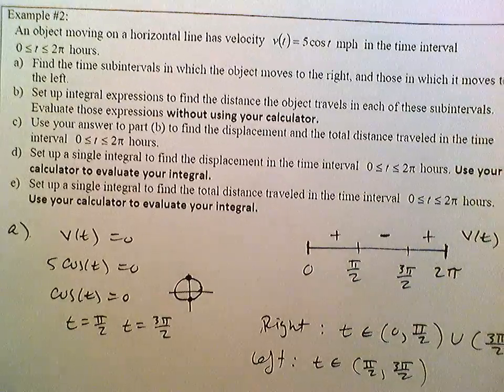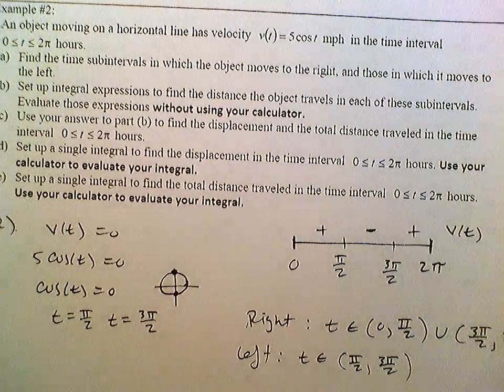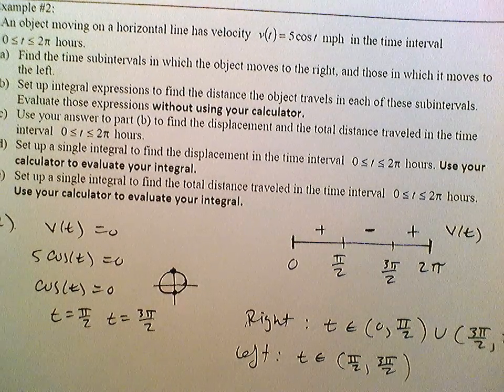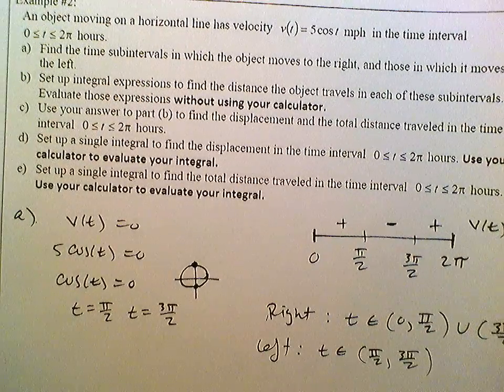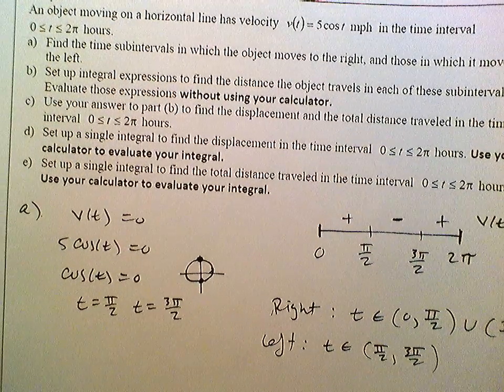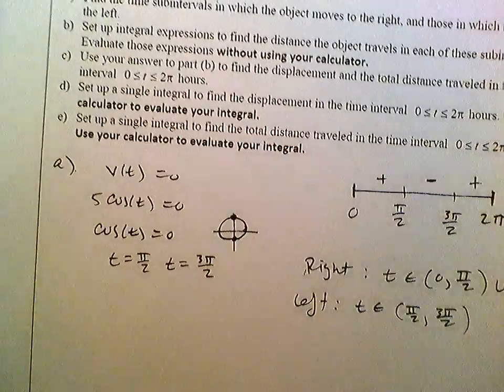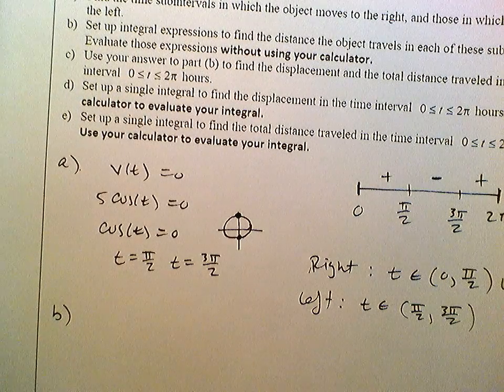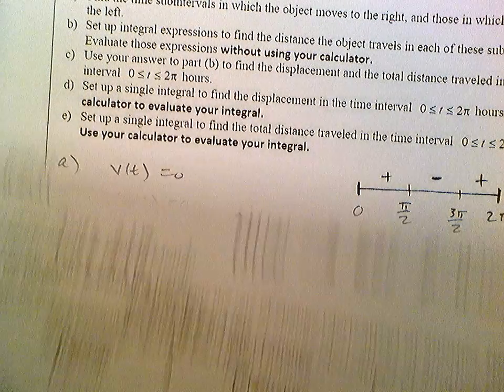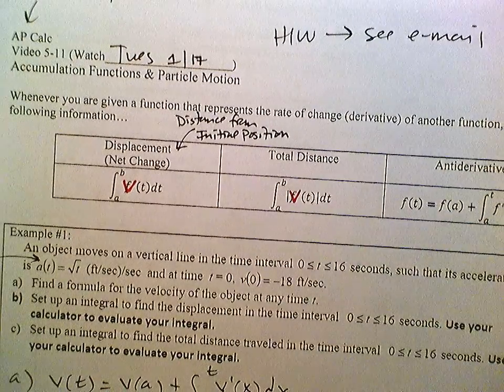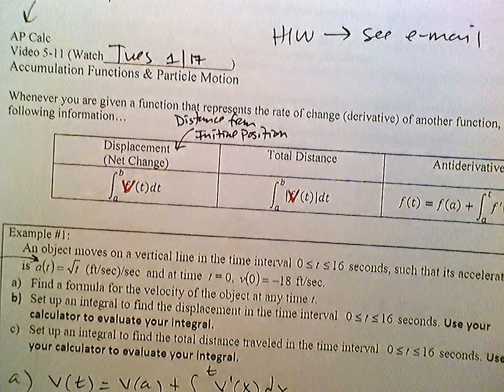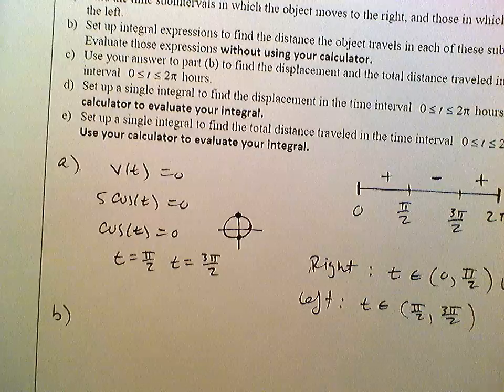So B, set up integral expressions to find the distance the object travels in each of these subintervals, and then evaluate these expressions without using our calculator. Okay, so for part B, remember from this front page that the total distance traveled will be the integral of the absolute value of the velocity function.